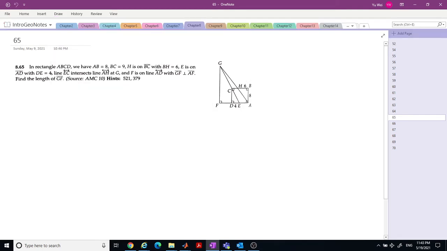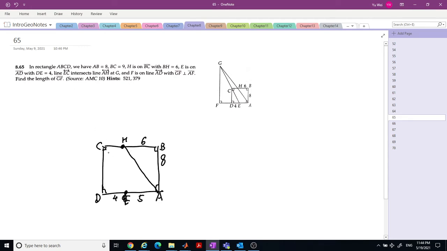So next we have a rectangle ABCD. AB is 8, BC is 9, that means AD is also 9, and we have BH equal to 6, that's the H. Then we can connect AH, and we have E, DE is 4, E is 4 and 5.